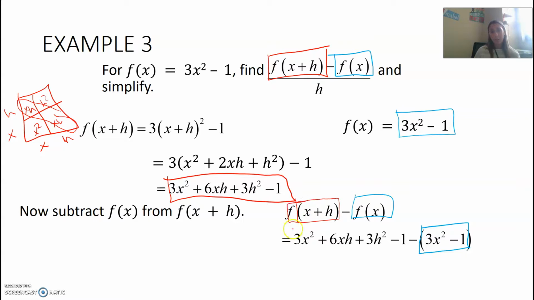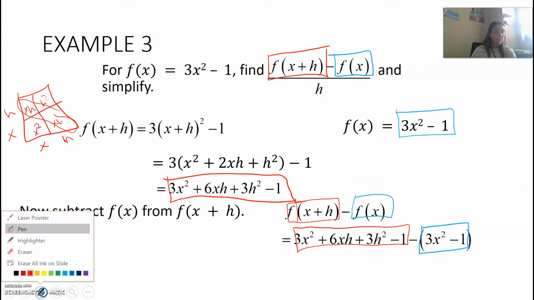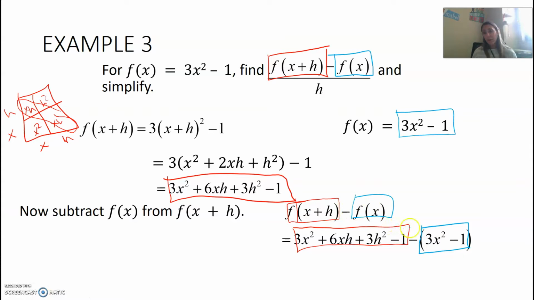That whole thing is being replaced by this whole thing. I'm going to write this out in a different color so that we can see, because we have to make sure that we distribute. We need to make sure we distribute this negative to both places.